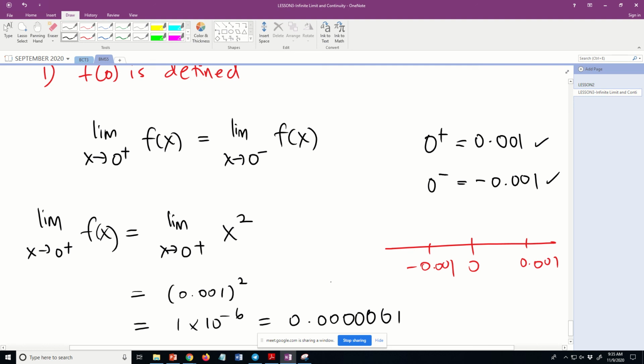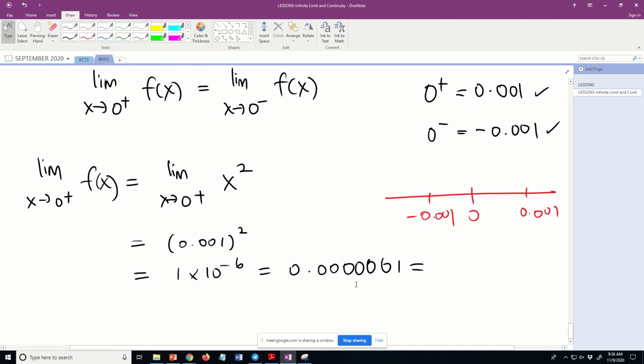Ni kosong tu ada 6. So meaning that this is getting very close to what? Close to what? No, it's actually getting close to 0 dah. Kalau macam ni 0.000001 maksudnya apa? It's actually very close to 0. Maksudnya it's approaching 0 dah. Itu maksud dia.